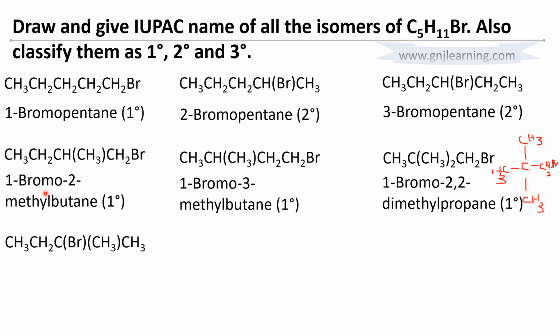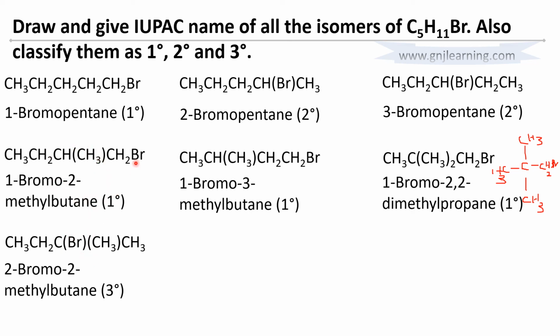Instead of 1-bromo, now I will have 2-bromo-2-methylbutane. And the carbon atom attached is a tertiary carbon atom. Clear?